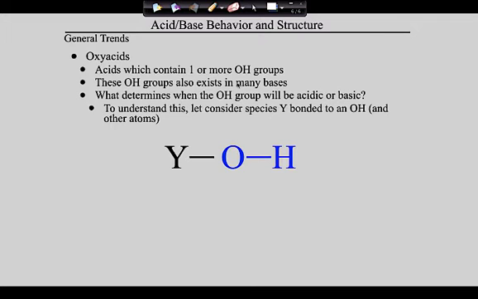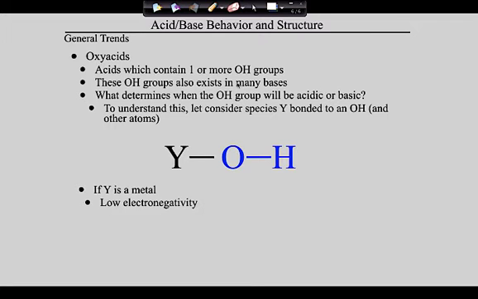So guys, in order for this to be a base, what does Y have to be? Think about the things that you know that are bases with OH. NaOH. LiOH. Metals. Guys, if Y is a metal, this is a base, because metals have low electronegativities.